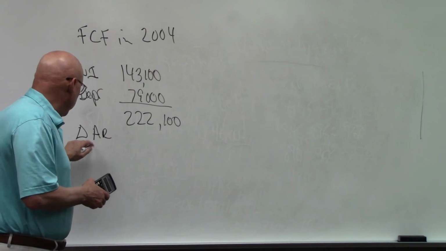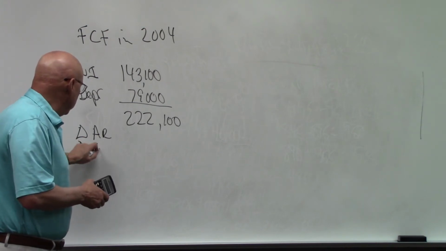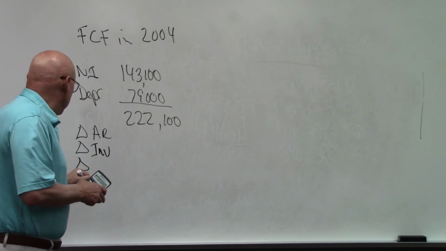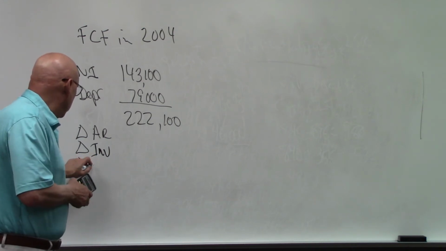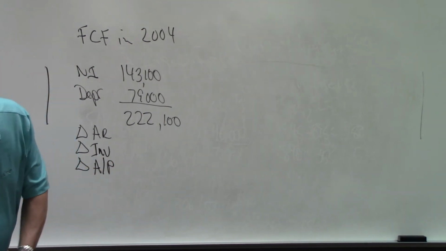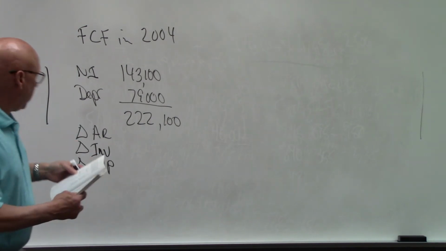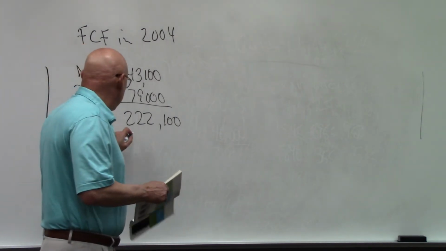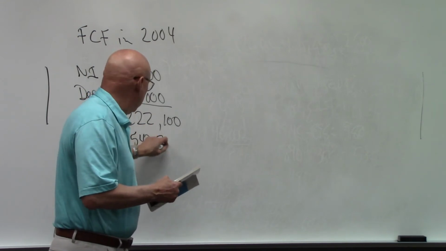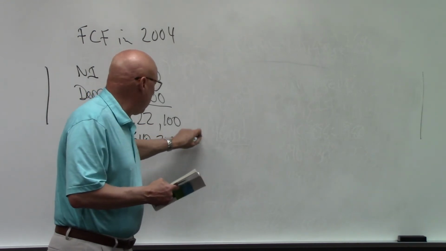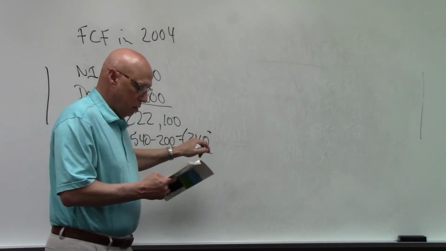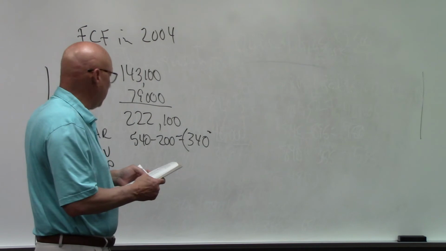All right, now let's calculate the change in accounts receivable and the change in inventories and the change in accounts payable. Okay? And so the change in accounts receivable is 540 minus 200 equals 340. So that's a negative. Whew, so we've already spent.